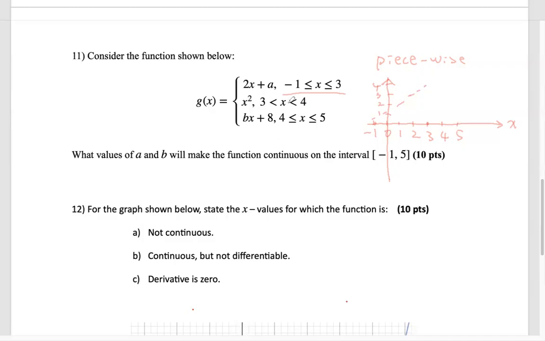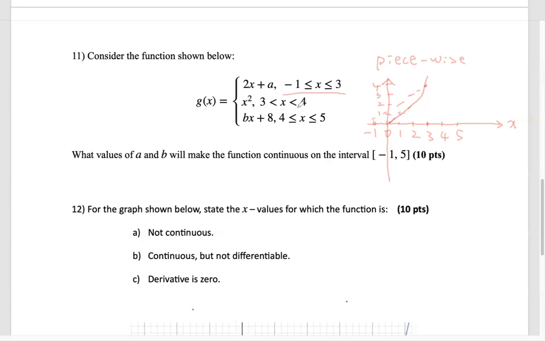Then from 3 to 4, it acts as x squared. Well, remember what x squared looks like? If x is 1, it's 1. If x is 2, it's 4.